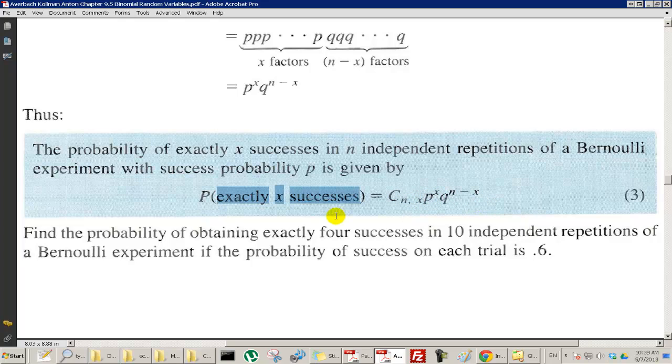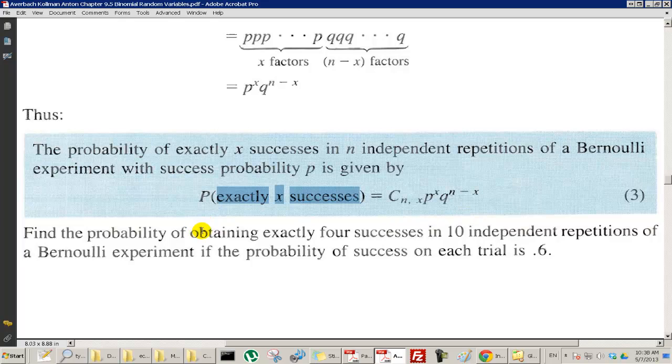Okay, so then we can use this in all of those other examples that we talked about, the splitting of the atom, or the mutation of the larvae, or the divorce cases, and so on. We can use this formula.